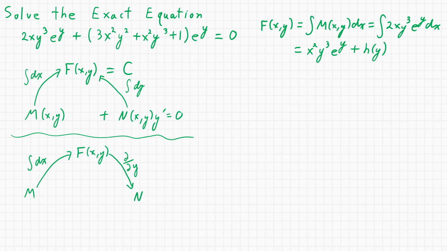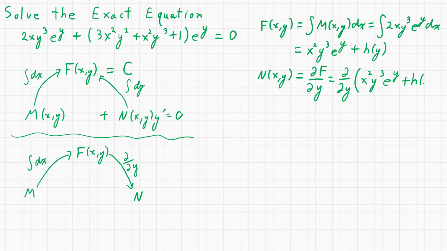Now the next thing is we should have N of x comma y equal to partial f partial y, and we can compute that fairly easily. We're going to use the f from here, so we're going to have partial y applied to x squared y cubed e to the y plus h of y.